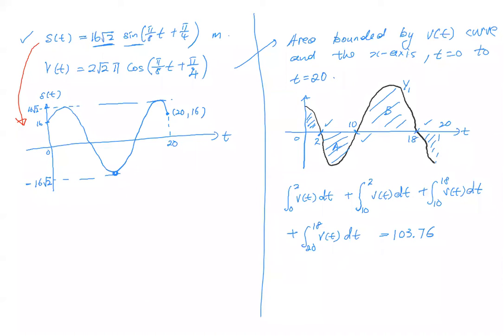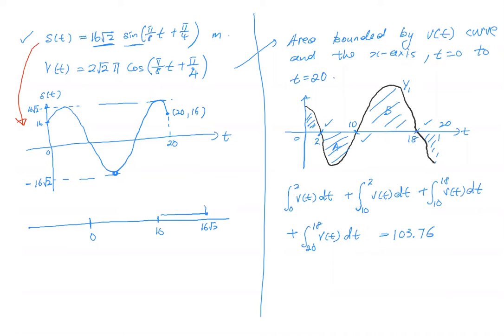So if I put it as a motion in a straight line based on the graph, let you have a look at it. This is my origin. So it starts from here, 16. Then it moves to 16 root 2. Then after that, it makes a U-turn.